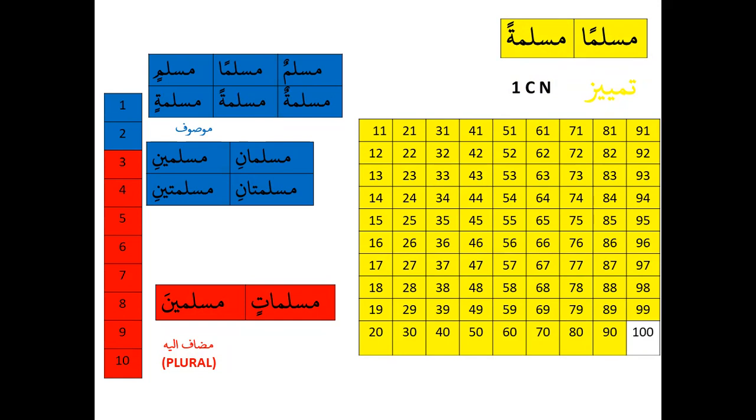Madud is done with. We are just going to check our understanding now. As you can see, we have 6 variations according to whatever part one is playing. Then we've got 4 variations of 2, whatever role it is playing in the sentence. Then just 1, which is plural and Mudaf ilayh. So it's Jar and it's plural. It's never singular. And again, in Tamyiz, it's just 2 variations, because all 3 properties remain the same.